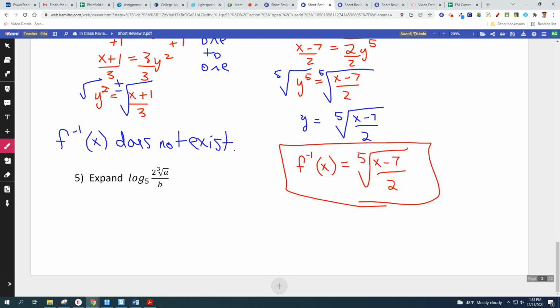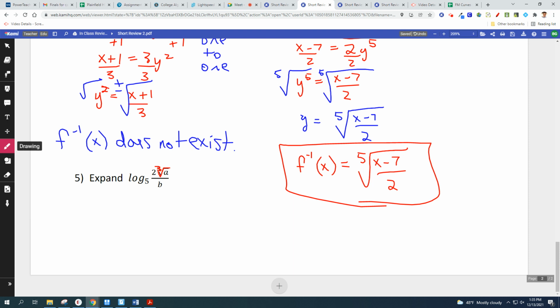Number 5, expand a logarithm. So this is kind of weird, but you might see this on the final. And this third root throws people for a loop here. We didn't do a whole lot of examples, but this is totally something that you could see on the final. Wink, wink.